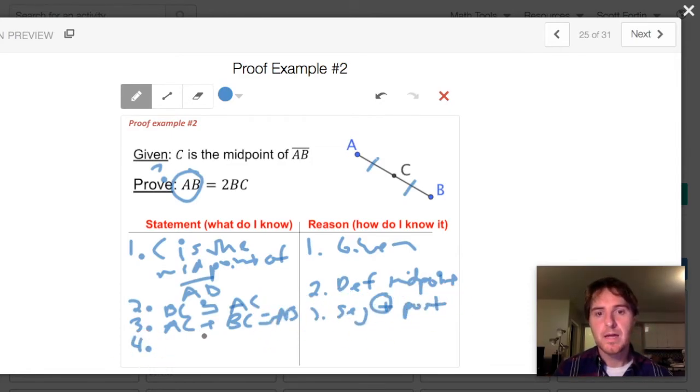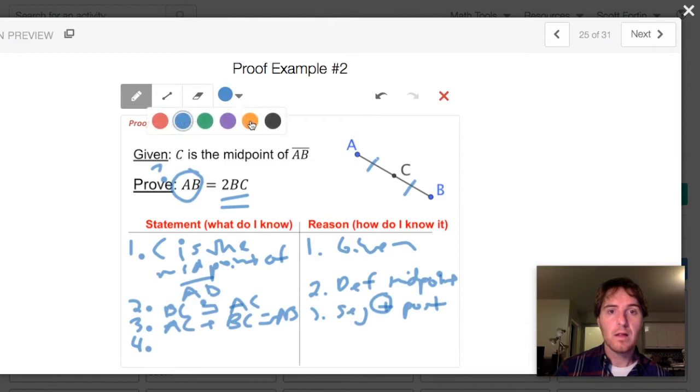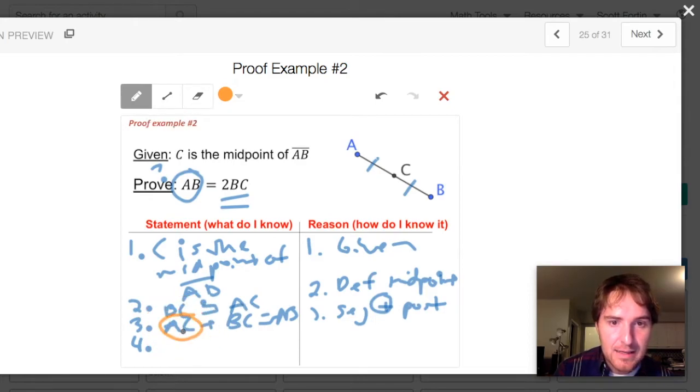Step 4. So now I got AB right here and I got BC right here. My goal is I want to get 2BC. I have BC right here, but I got to add AC to it, and that's what's equal to AB. So question, what can I do? Well, it looks like we're doing the substitution property of equality again. This should be clearly substitution, not transitive, because we don't want to say AC plus BC equals AB.